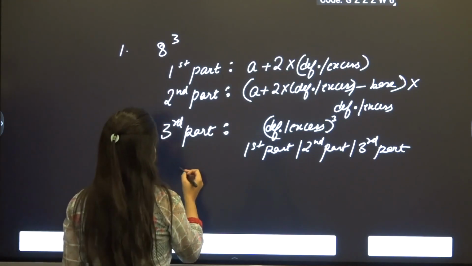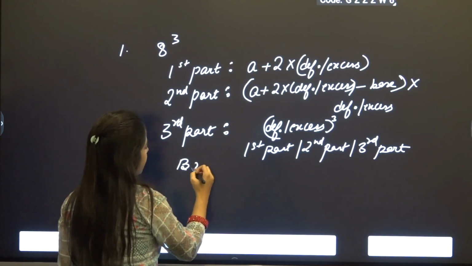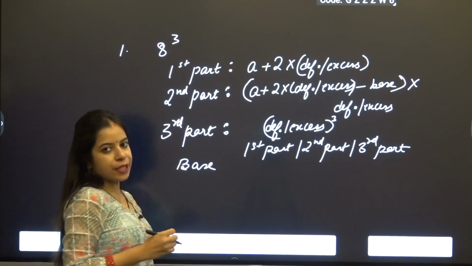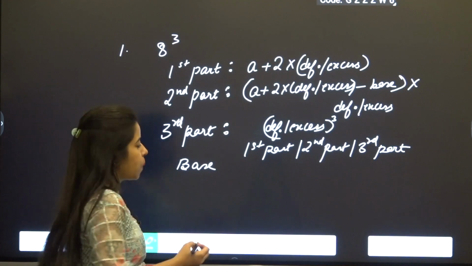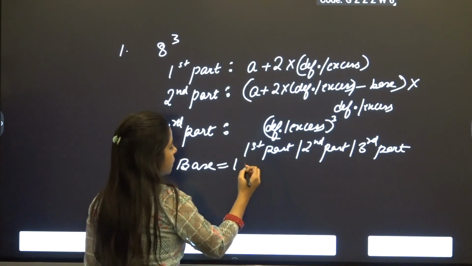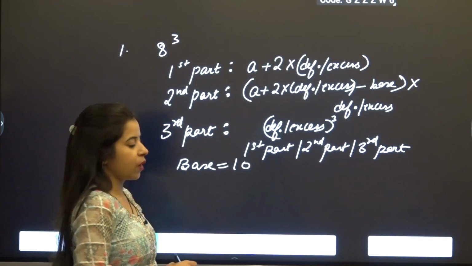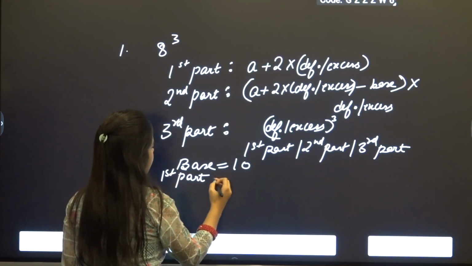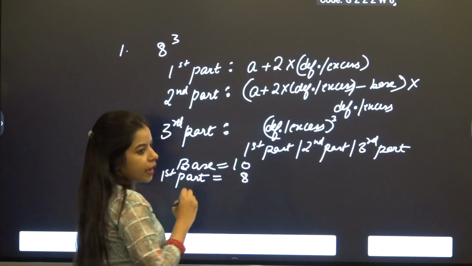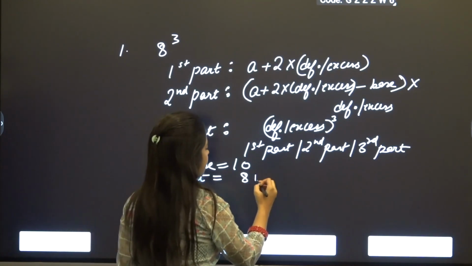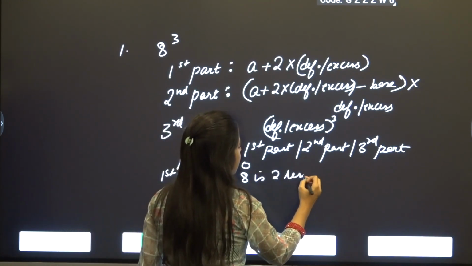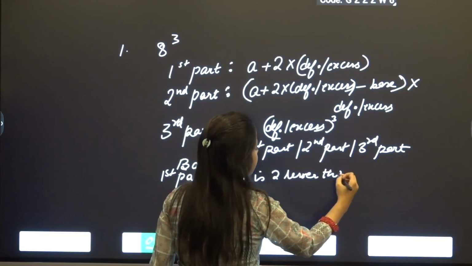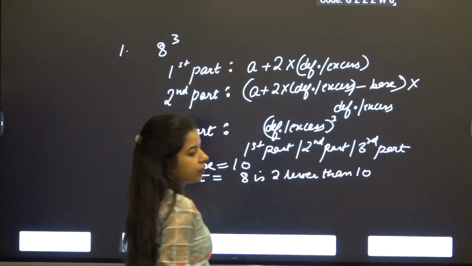Now, I can see that 8 is closer to 10. So, base I am going to consider as 10. For the first part, I know 8 is 2 lesser than 10.